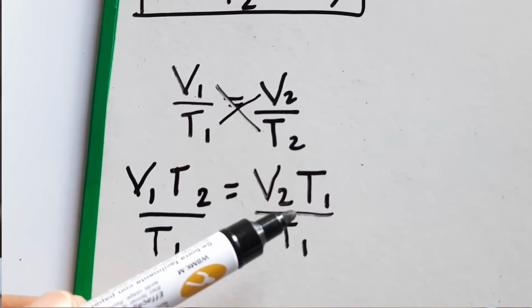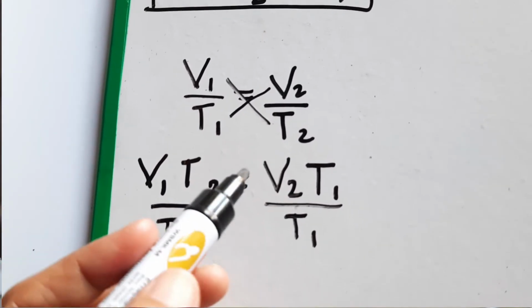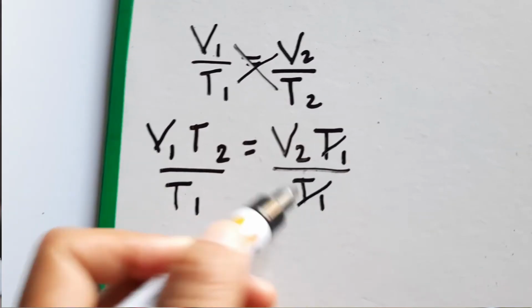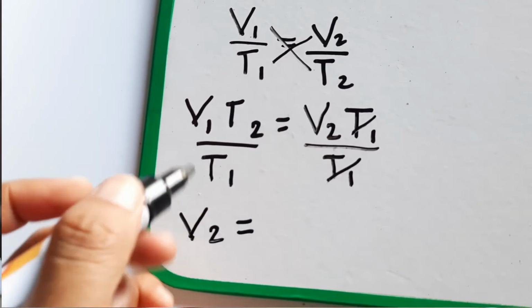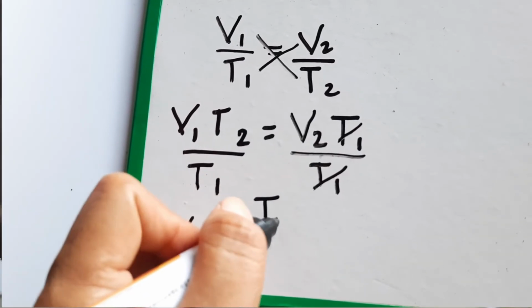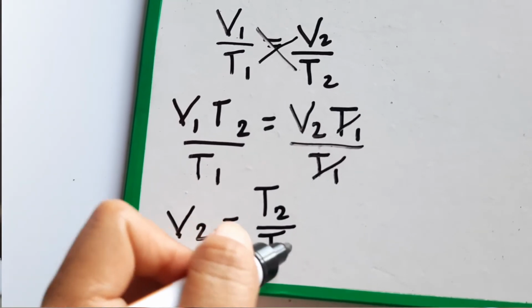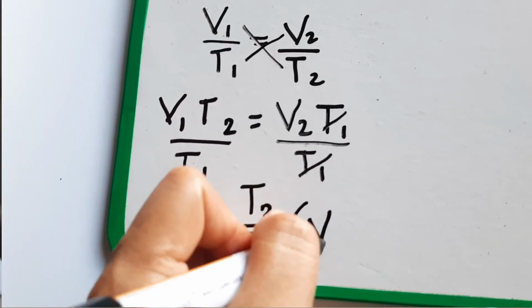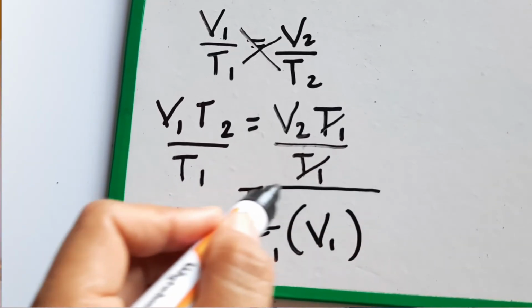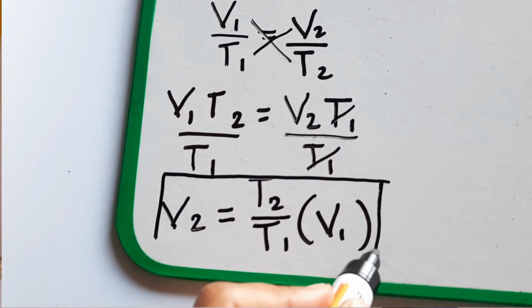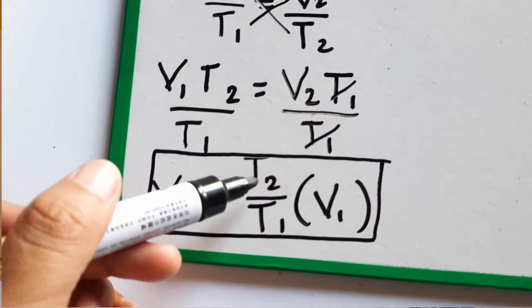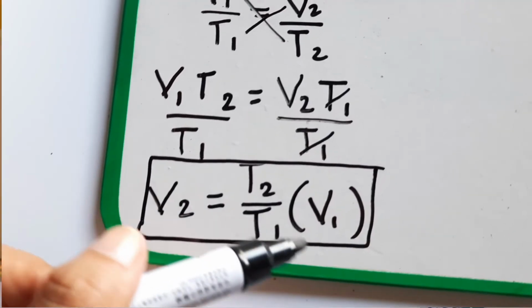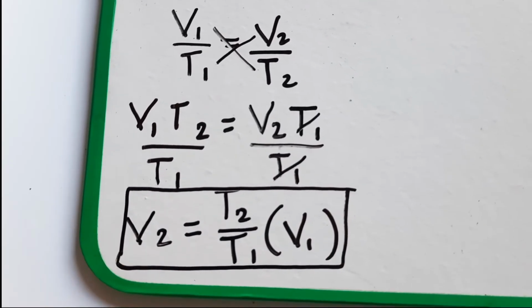We can now cancel out T1 on the right side of the equation. So, this is our derived equation for V2. V2 is equal to T2 over T1 times V1.